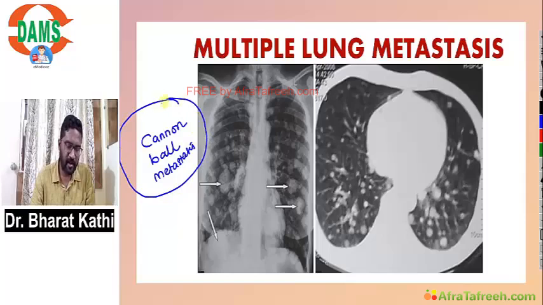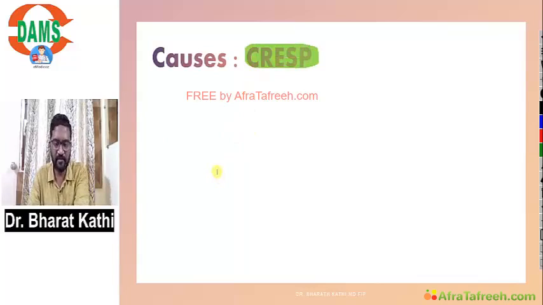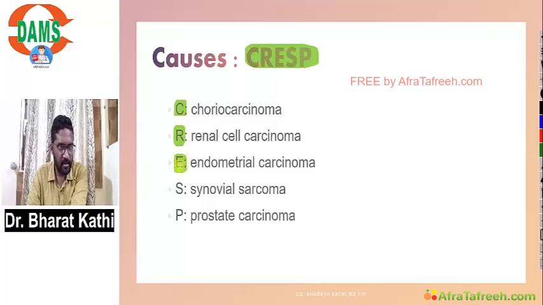So if there are cannonball metastases, what are the differential diagnoses? What are all the conditions which can cause cannonball metastasis? For this also I have designed a mnemonic called CRESP. So you all know what the C is. C is choriocarcinoma, renal cell carcinoma, endometrial carcinoma, synovial sarcoma, prostate carcinoma.